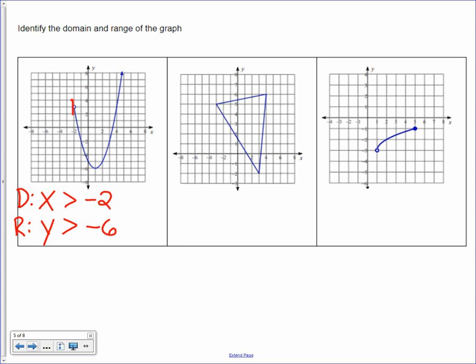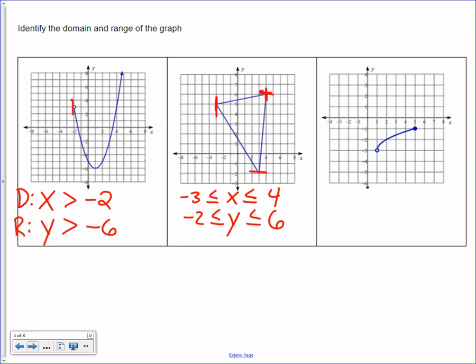For the next one, the range is between this point and this point right here, and the domain is between these 2 points. So the domain is -3 is less than or equal to x, which is less than or equal to 4, and -2 is less than or equal to y, which is less than or equal to 6.